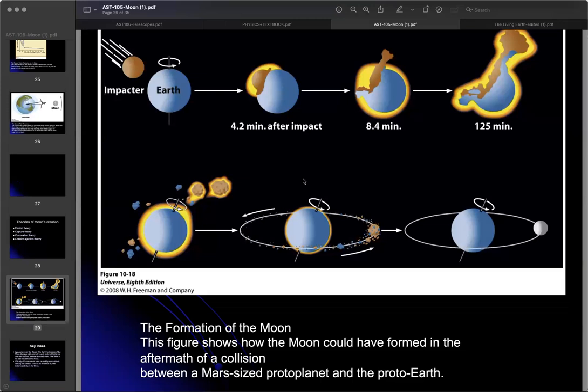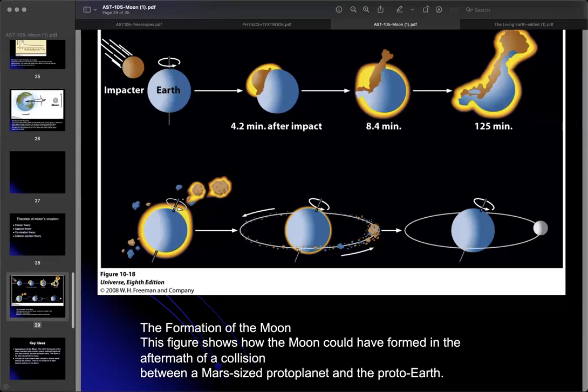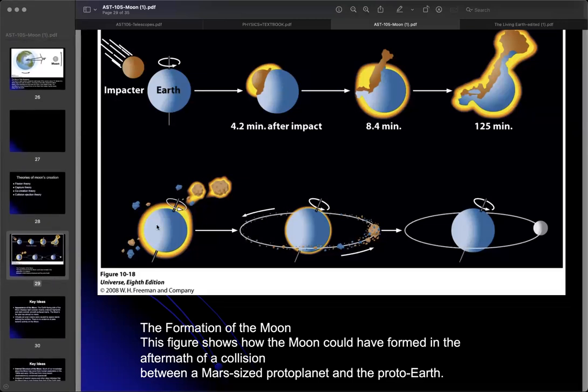And it also broke off a chunk of molten material from the early Earth. That material went into orbit around the Earth and then coalesced to form the moon. So this is the current theory of the origin of the moon. And with that, this chapter is over.